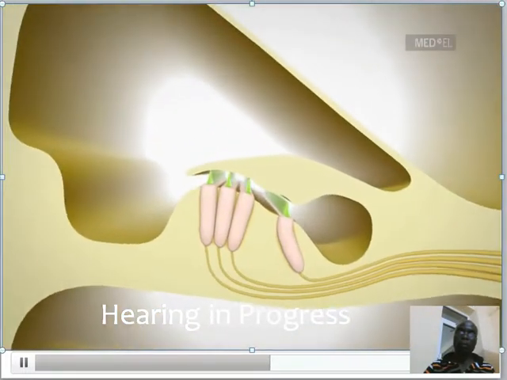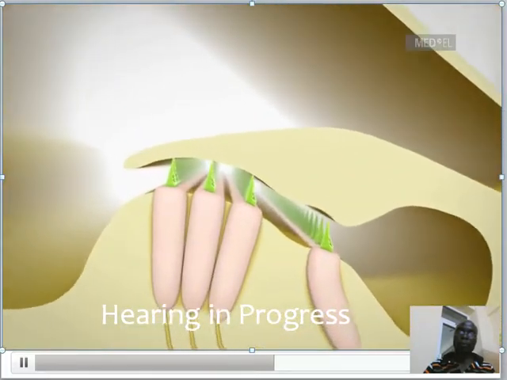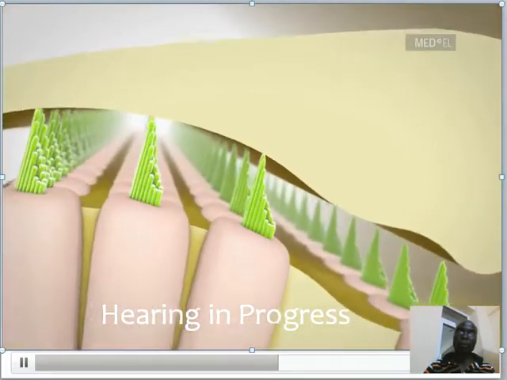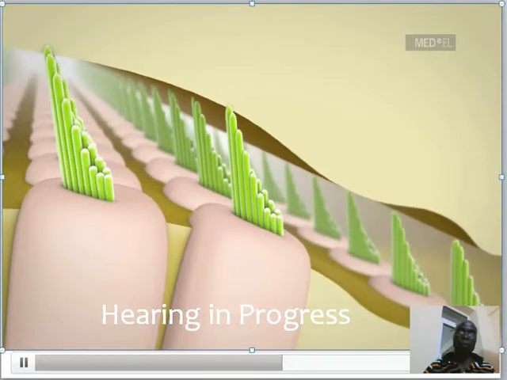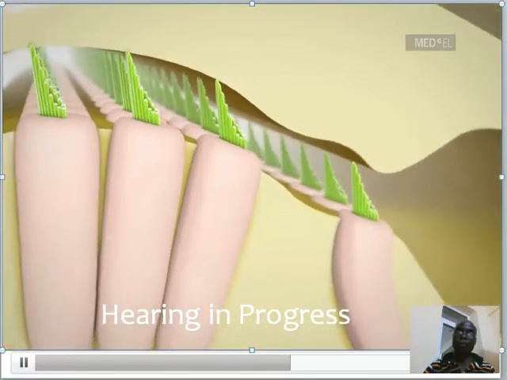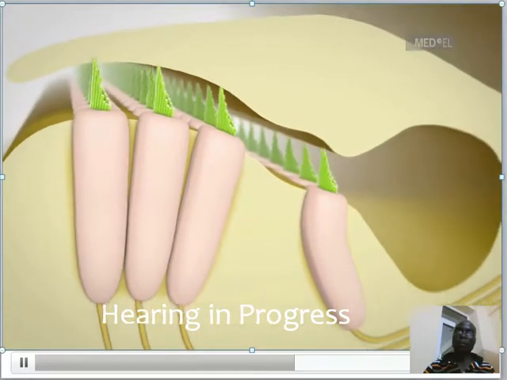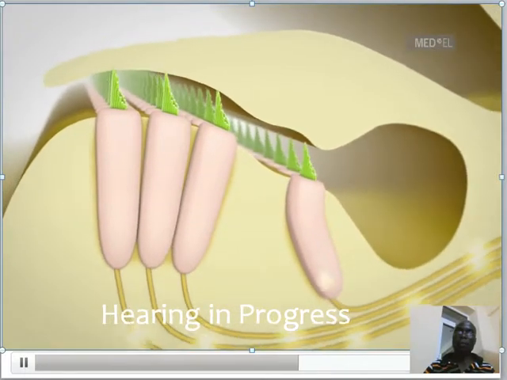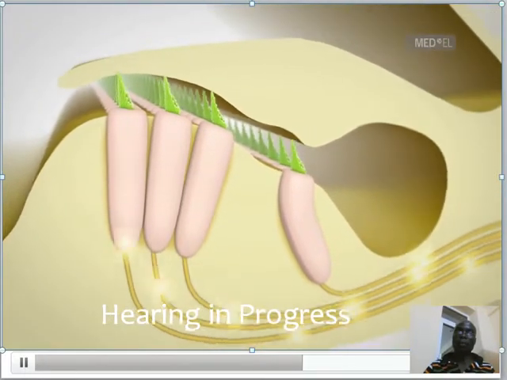As the fluid in the cochlea is set in motion, it causes a corresponding movement of the fine structures on the surface of the hair cells. These movements cause tension differences, which produce electrical signals that are passed along the hearing nerve to the brain.